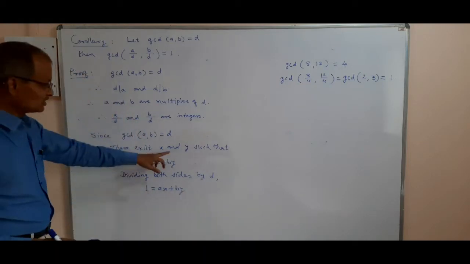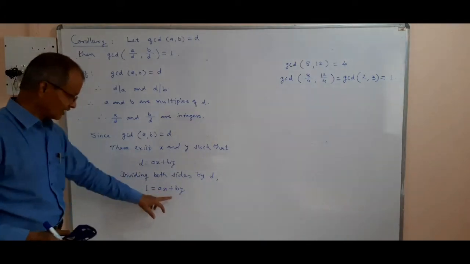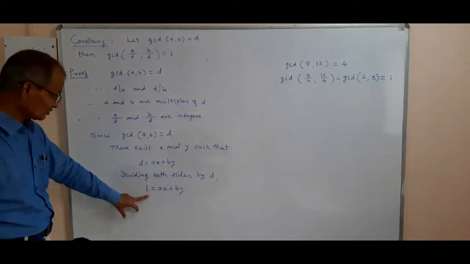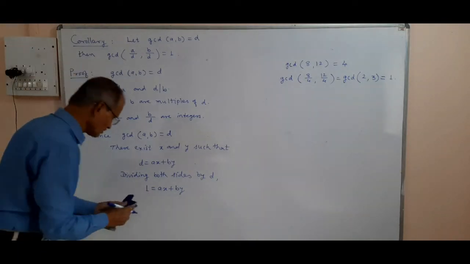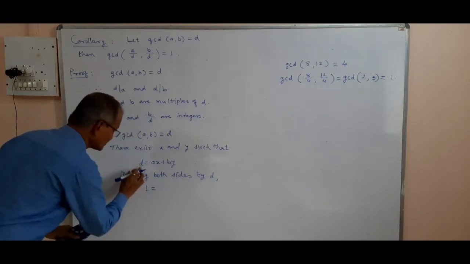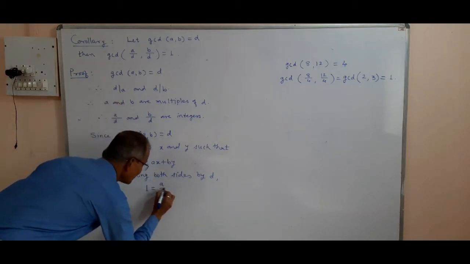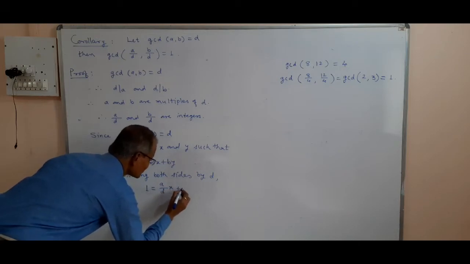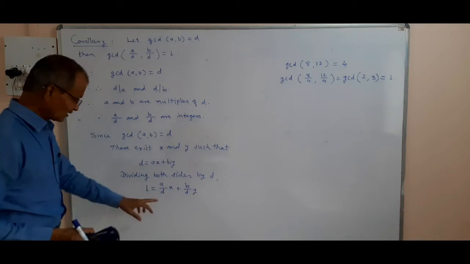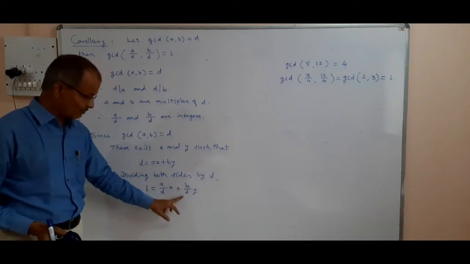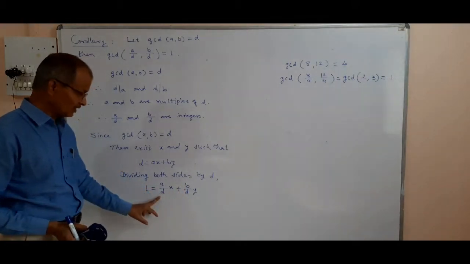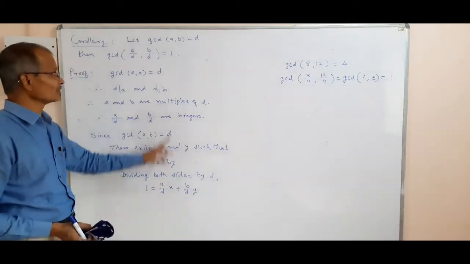And if there exist integers x and y such that ax plus by is equal to 1, so what this shows is that, dividing both sides by D, this is 1 and this will be A by D into x plus B by D into y. So this shows that the linear combination of A by D and B by D is 1, means A by D and B by D are relatively prime, or their GCD must be equal to 1.